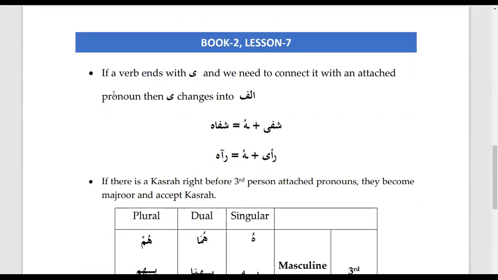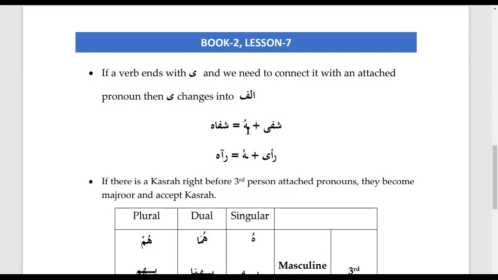Okay, here now we are talking about the verb. If a verb ends with ya, do you remember any verb that ends with ya? Ra'a. Yes, we have learned this. So when the verb ends with ya, and we want to connect it with the attached pronoun, then ya changes into alif. For example, the verb is shafaya, it is read as shafa.